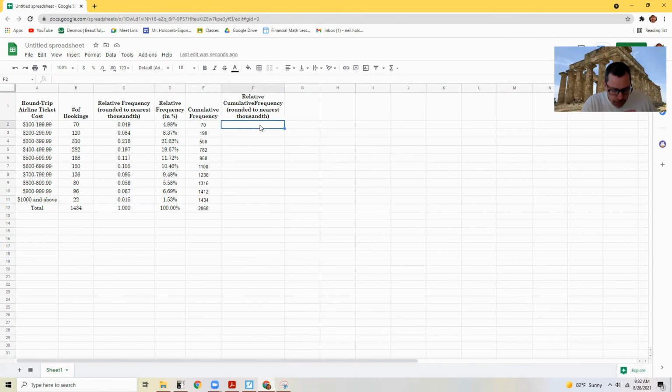So this is going to equal E2 divided by, and remember our total doesn't want to change, so I'm going to put a $ sign E, $ sign 12, and hit enter, and then autofill and center.